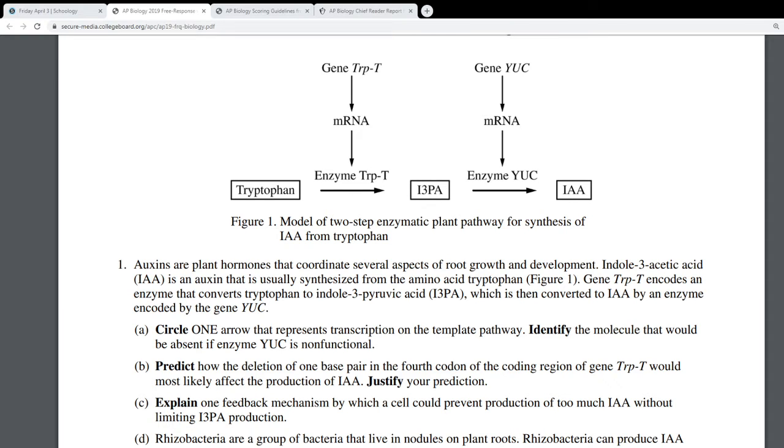What are the feedback mechanisms that we went over this year? This is where things like notes could prove very useful if you have it set up. Yes, it is based on the LAC and the tryptophan operons.